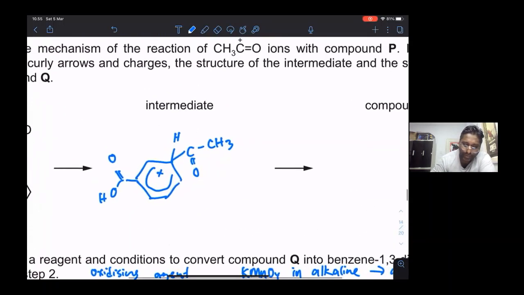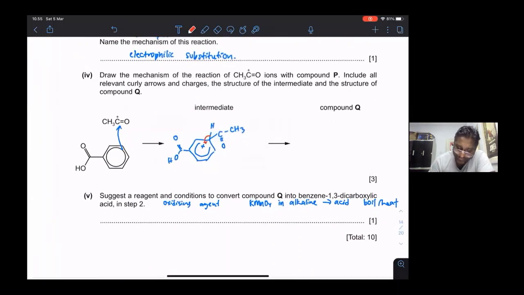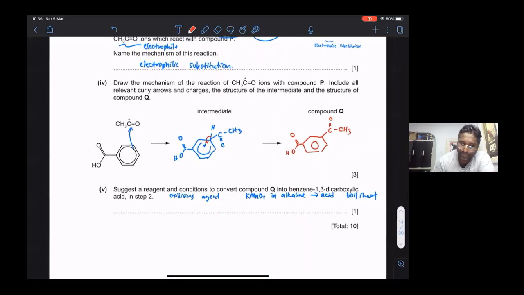What is going to happen next is the 2 electrons from there will come in and form this one again. So double bond O OH, at this position C double bond O CH3. So that's all. They will also give you the H plus.